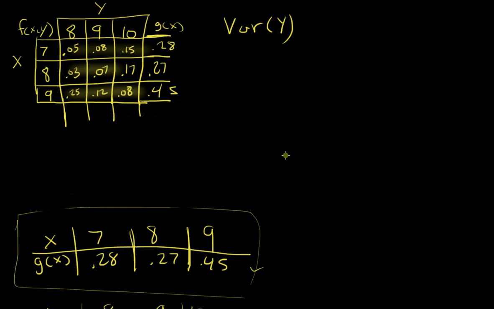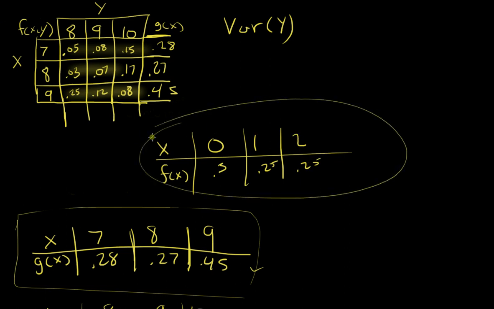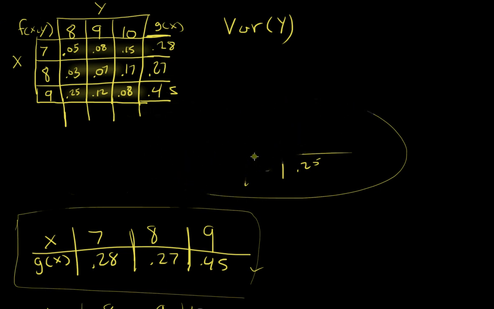So if I had another PDF that looked like this, not a joint PDF but just a regular PDF of a single variable, say 0, 1, 2 with probabilities 0.5, 0.25, 0.25, you should be able to find the variance, expected value and standard deviation with this as well. This would be easier because you don't need to first find the marginal, because it's already marginalized with only one variable.